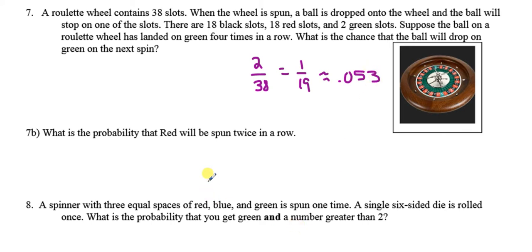What's the probability that red will be spun twice in a row? Well, now we have 18 out of 38, because there's 18 red. Of course, the probability would be the same for black, times 18 out of 38.